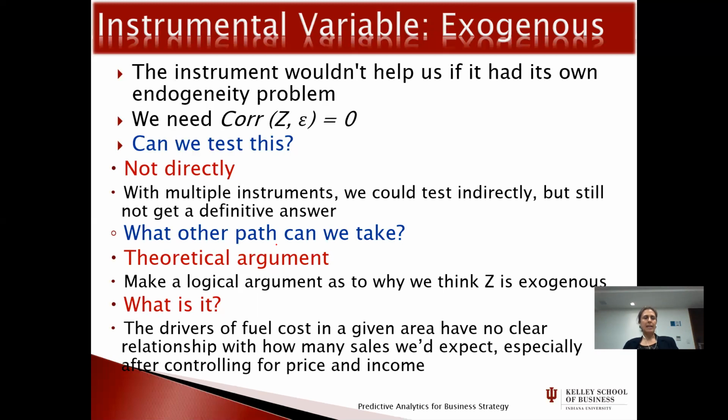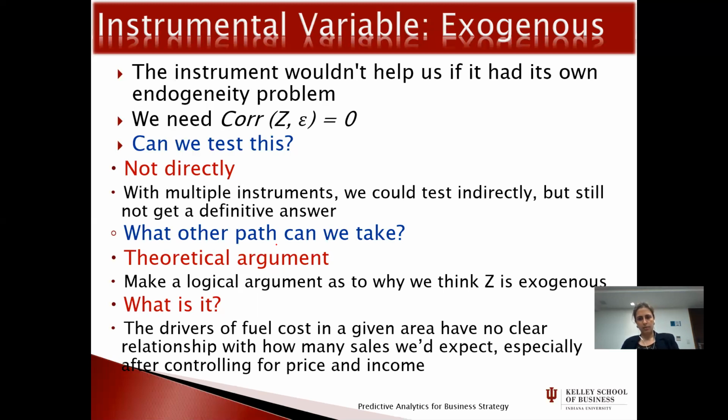So let's think about cereal, a box of cereal. You're going to the supermarket and purchasing cereal, and I'm interested in estimating the demand for ready-to-eat cereal. When fuel costs in general go up, so does the price that consumers are paying to fill up their tanks.